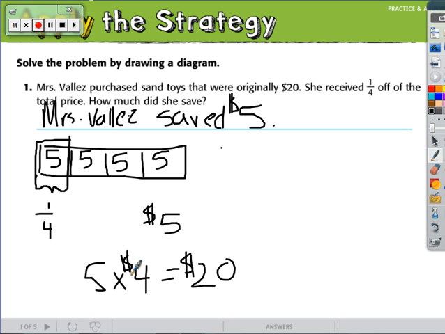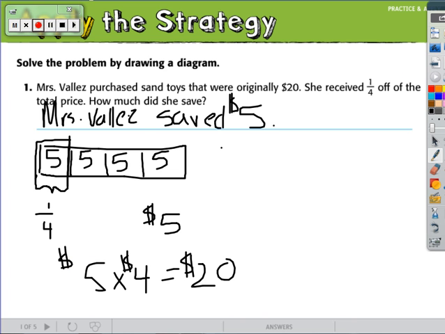I just used the numbers in the question to find the answer. So the whole number was 20, right? Then there was a 1/4 and then I just said 5 times 4 equals 20. Okay. I want you to model it. So I need to see your model. Okay, Mrs. Valles saved $5.